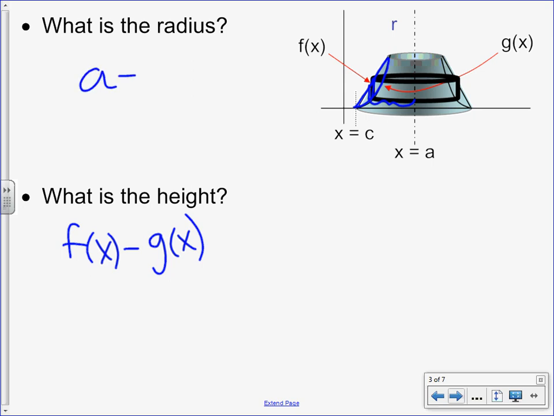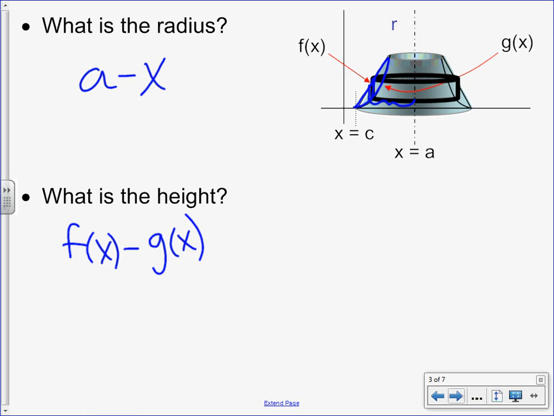Or x. Okay, we're going to say x. Why do we say x? We have rectangles throughout this entire little piece, right? And so at any given time, that rectangle is x away from the axis.